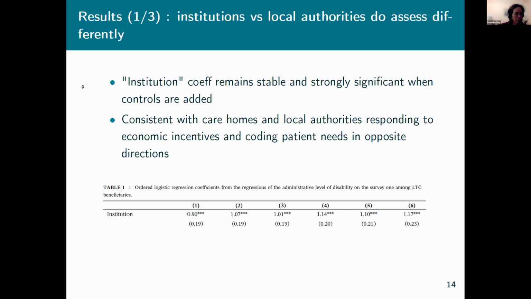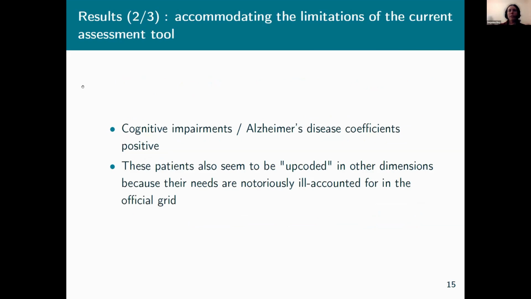The second result is that two categories of patients seem to be particularly upcoded, and one of them is the patients with cognitive impairments or who in the questionnaire were identified as having Alzheimer's disease.